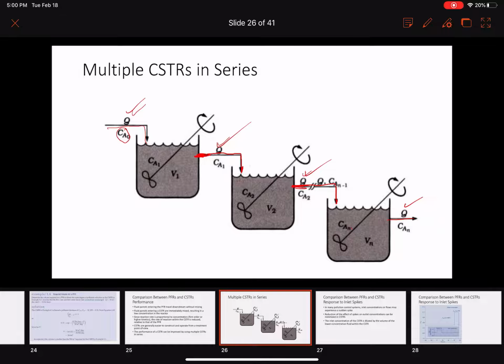So you can see 3 CSTRs in series reduce the concentration of the organics that will be disposed to open land or reused later for agricultural reuse.